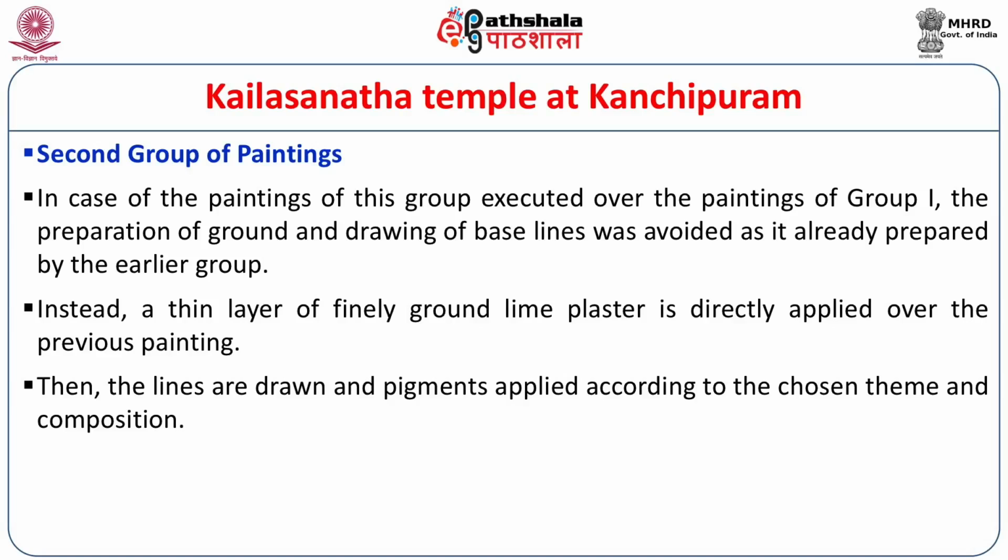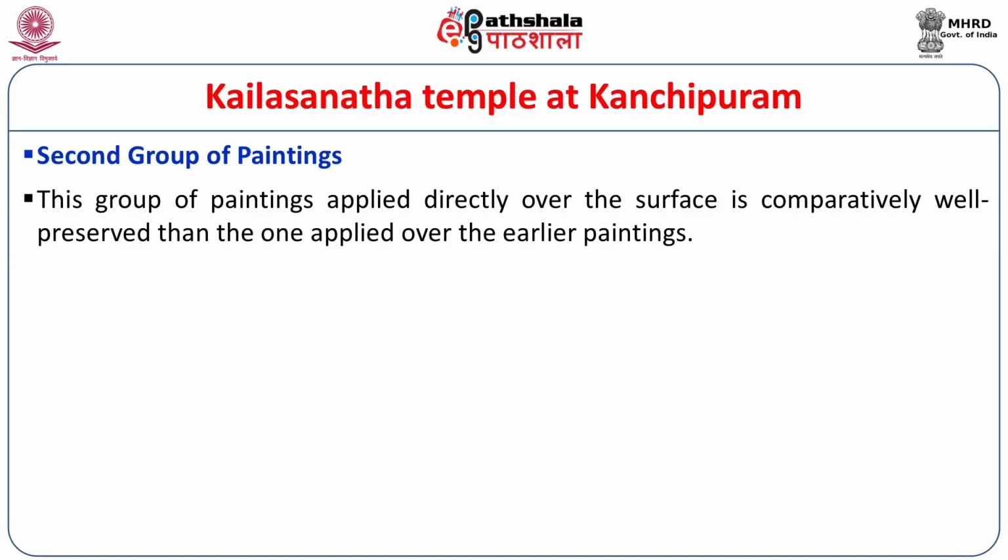Then the lines are drawn and pigments applied according to the chosen theme and composition. This group of paintings applied directly over the surface is comparatively better preserved than the one applied over the earlier paintings.